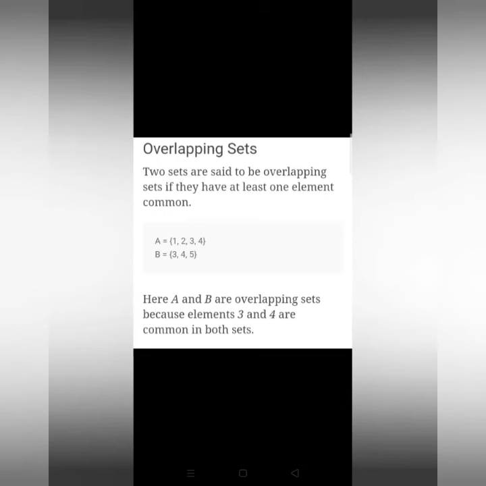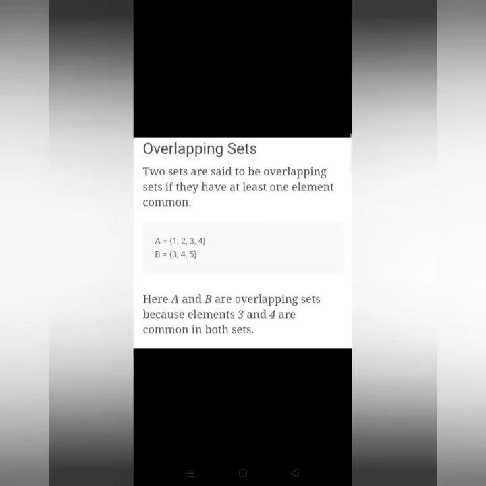Next, we will see overlapping sets. Two sets are said to be overlapping sets if they have at least one element in common. What is meant by overlapping?